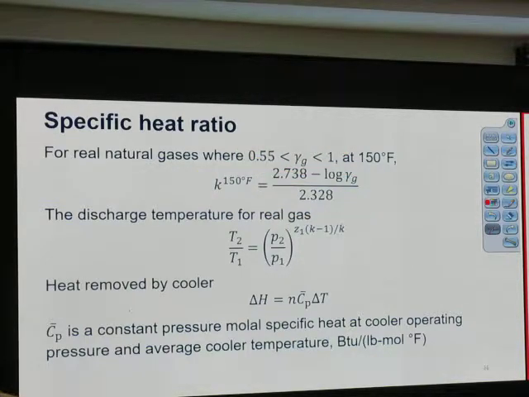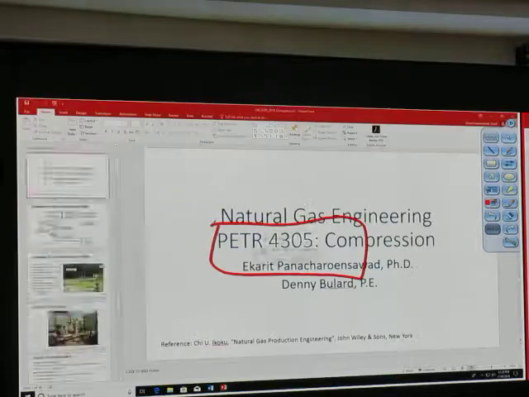Then we don't have K at other values. Okay, this is how we get the K value. And for discharge temperature, in addition to reading from the chart, we have this formula to get the actual number that requires reading from the chart.